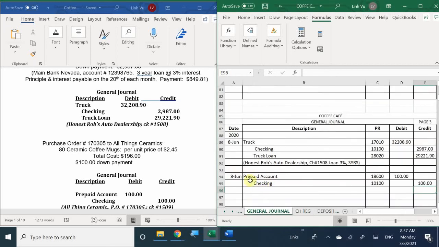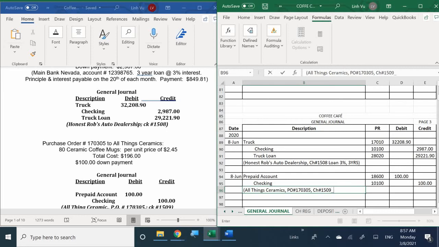Now I'm going to go back to my general journal and fill this information in. Again, the first thing should be your vendor, All Things Ceramics. This is in regards to purchase order number 170305, and we also wrote check number 1509.